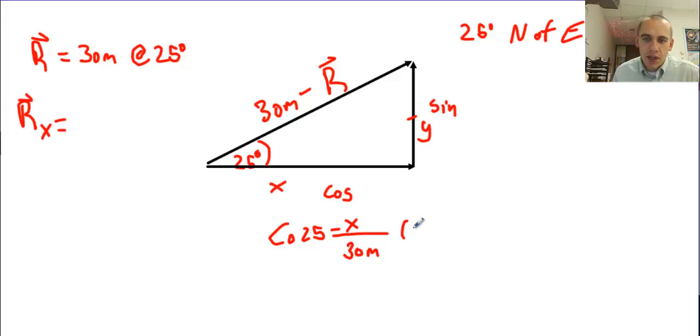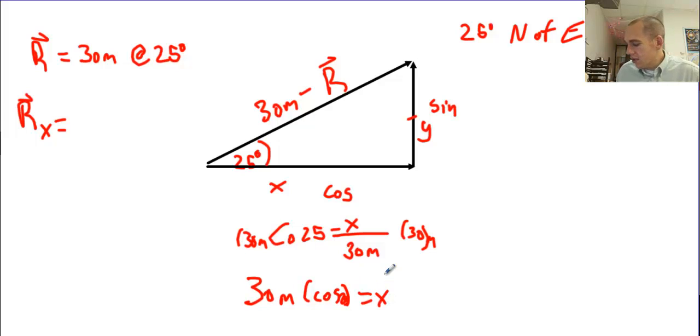And now I can multiply both sides by 30 meters. And so I get 30 times the cosine of 25 is equal to x, whatever that is. So then it's just a matter of 30 cosine 25 on the calculator, and you get 27.19 meters.